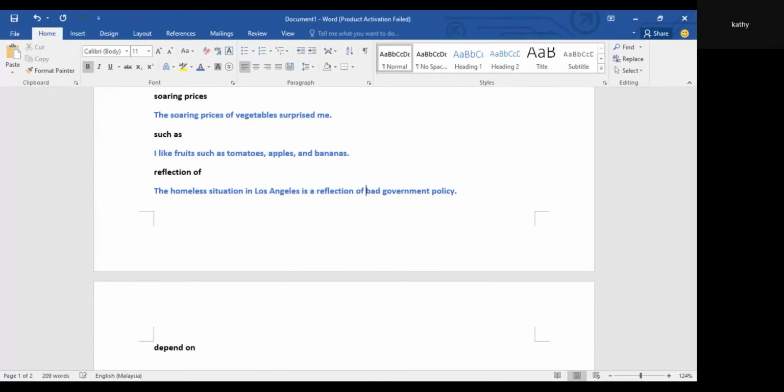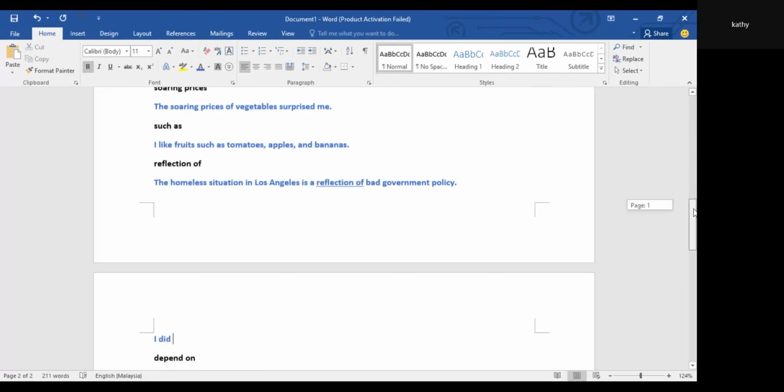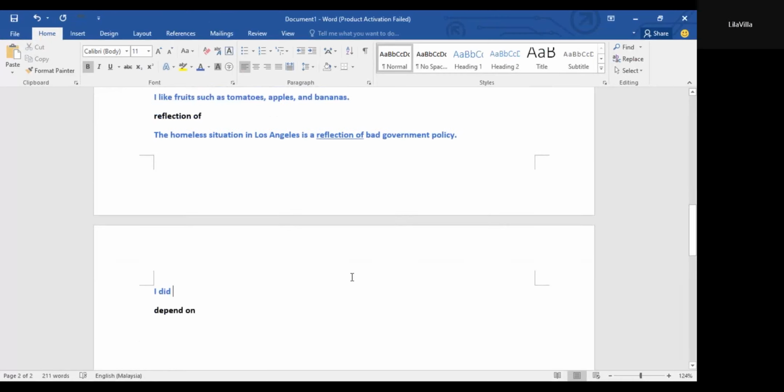Did you see how I used it? I did a lot of reflection on that. Reflection means to think here. This is correct, but our collocation is "reflection of." Do you see the difference? It's "of" and not "on."